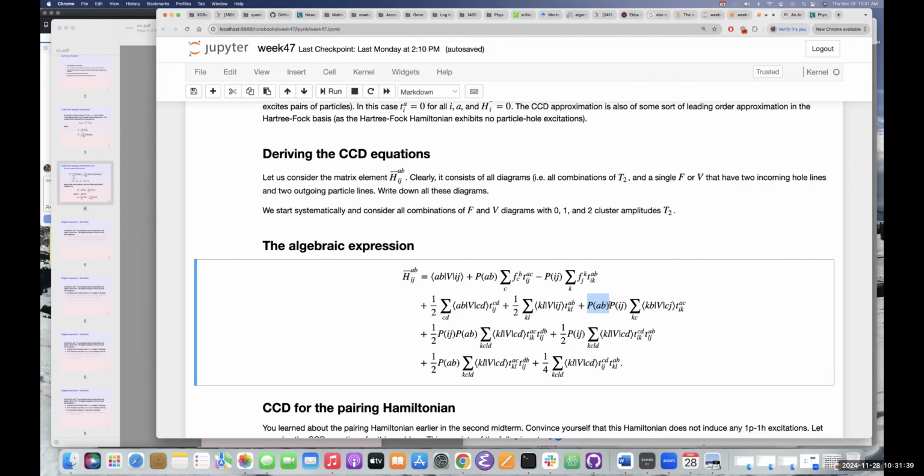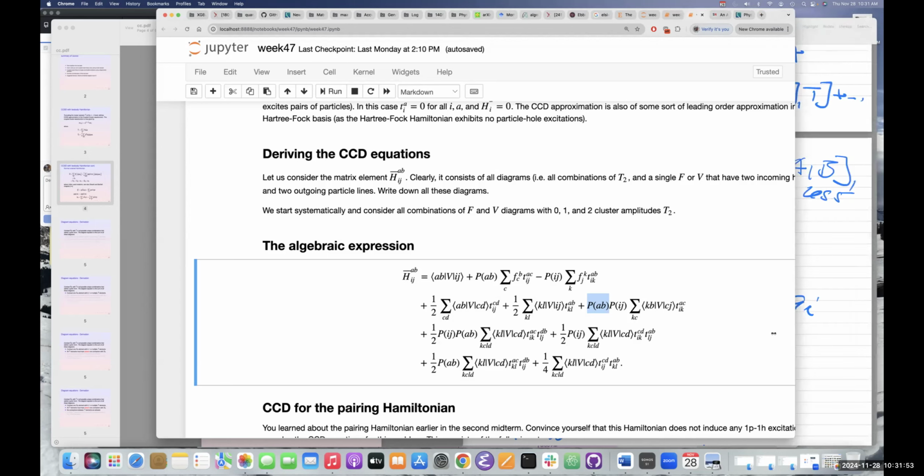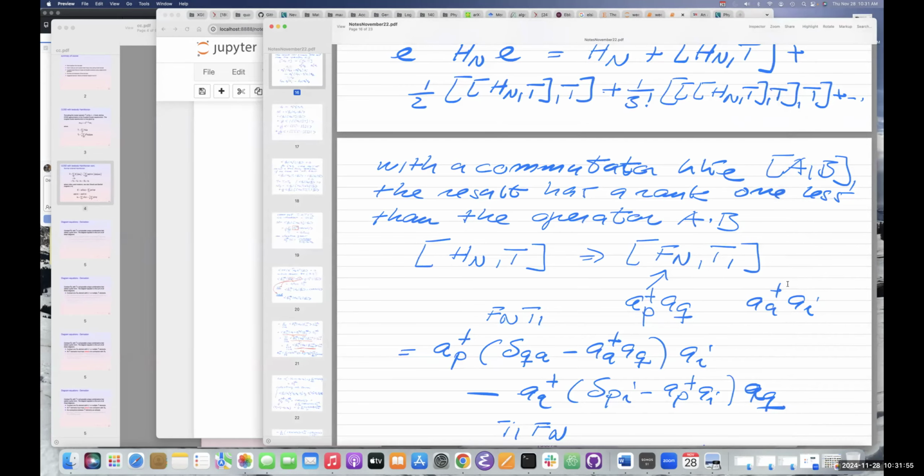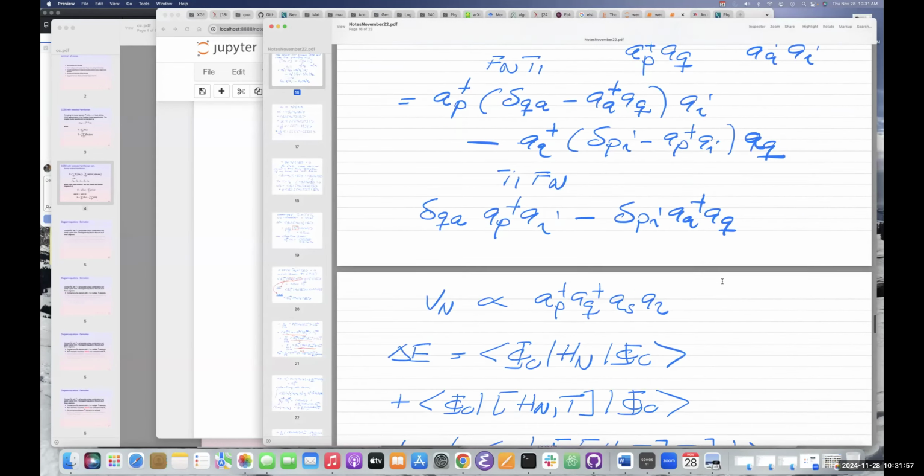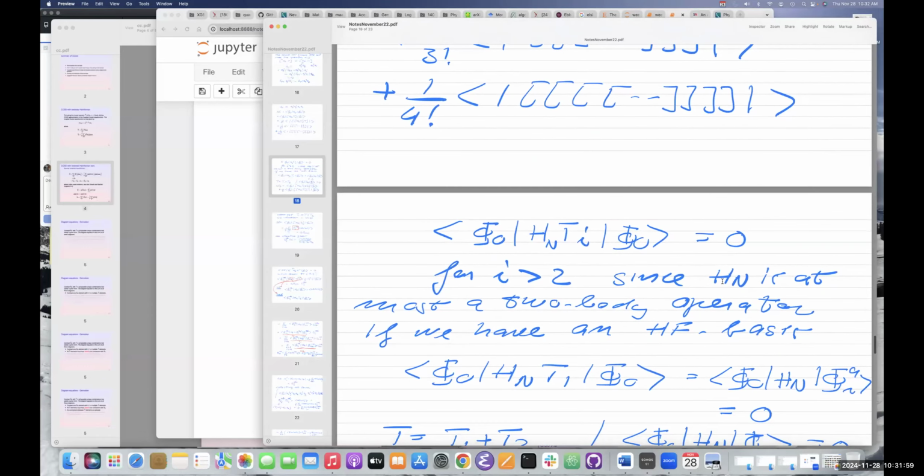So last week we did actually write out in full detail these equations. So let me bring back some of the equations which we ended up with last time. And this is taken from the handwritten notes. So if we go back to the handwritten notes here, let me just scroll down a little bit.